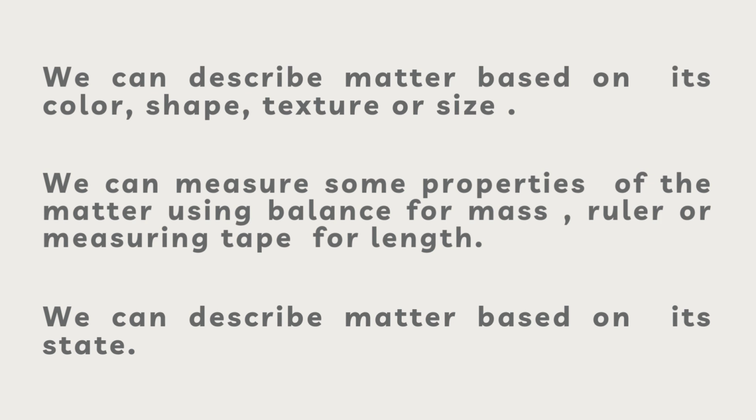And we can describe the matter by the state of matter, as we did: the first matter was solid and it has the color white, the second is black and it is hard, so this is a texture and color, a state, and so on. So we can describe the matter based on its state and color, shape, texture.